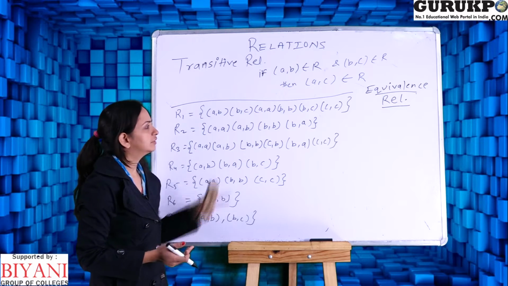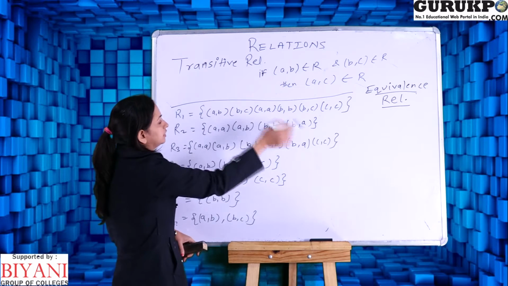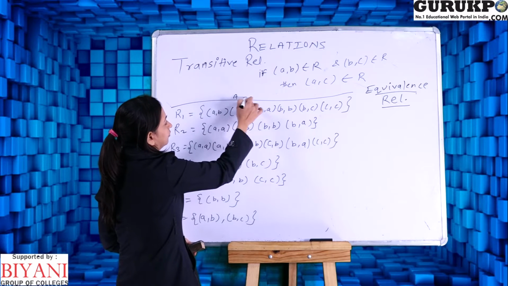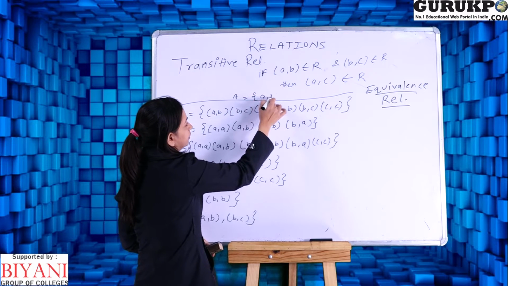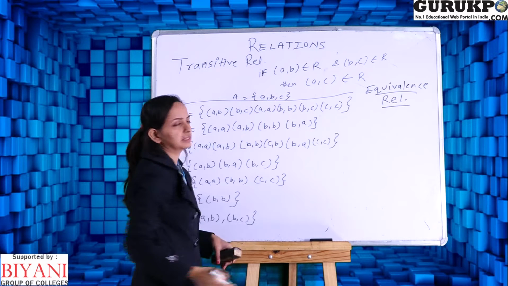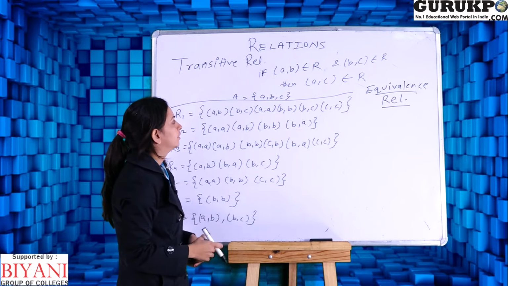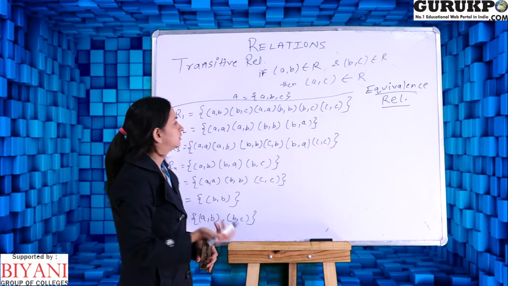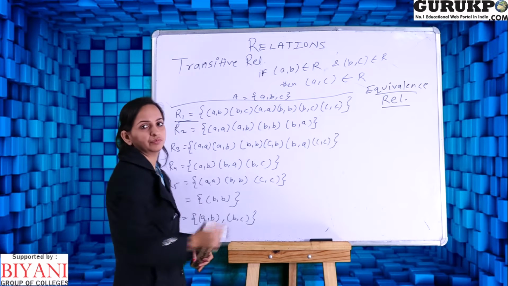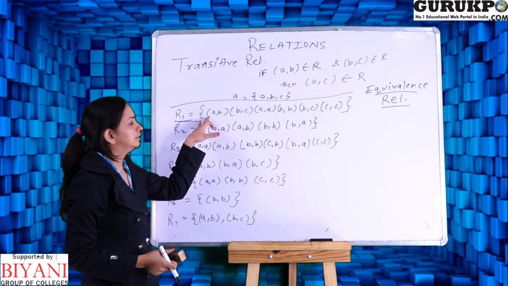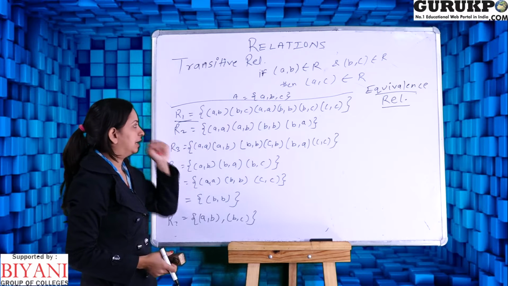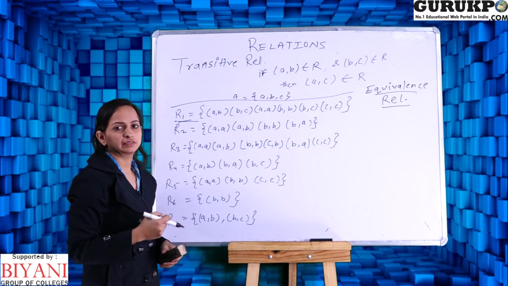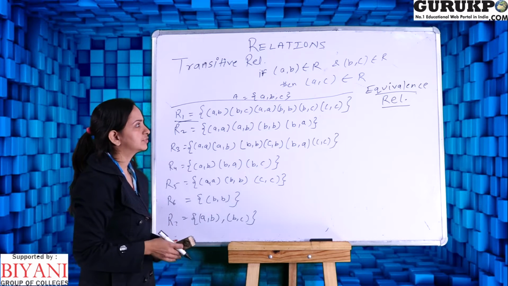Okay, let's start with the first example. These relations are all described on a set A in which three elements are there, A, B, C. So we are going to check each of the relations. I am moving to the first relation R1, and in the set of R1 I am going to check all three conditions. The first condition is whether it is a reflexive relation or not.